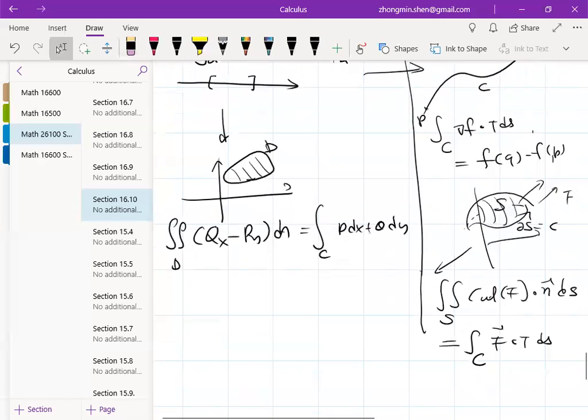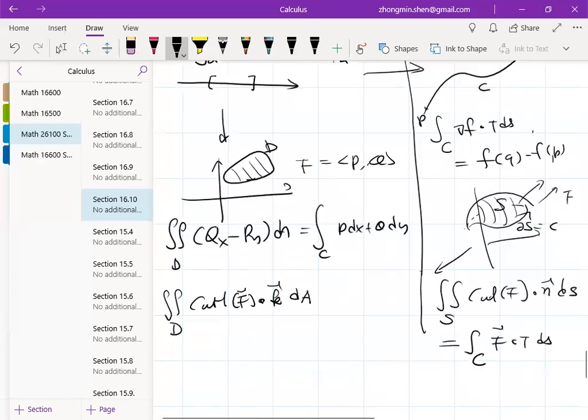All right, so let's compare these two, Green's theorem and this is called Stokes' theorem. If in this case you write F in the form P and Q, then if you view it in three-dimensional space, this is just equal to the double integral of the curl of the vector field times k, dA.